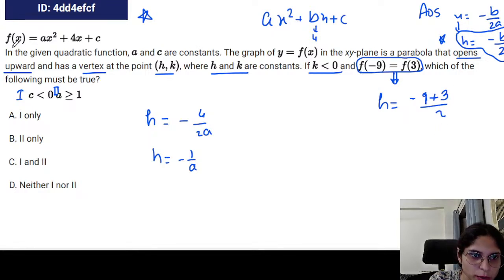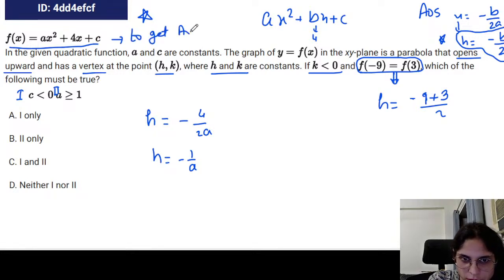So you are using two different concepts. You are using this equation to get axis of symmetry, and you are using this concept to get axis of symmetry. AOS means axis of symmetry.